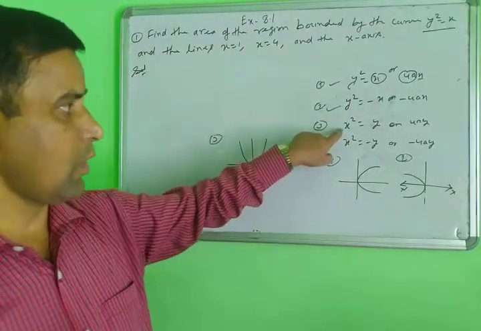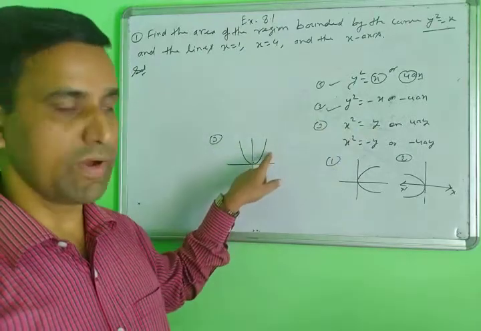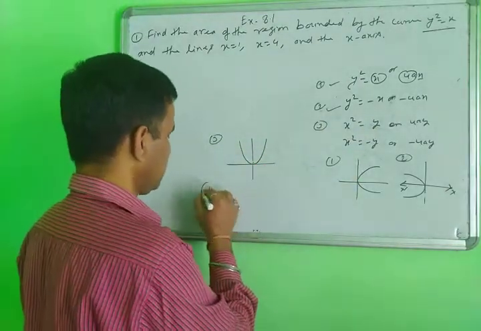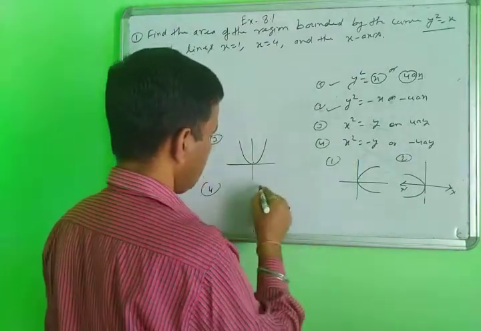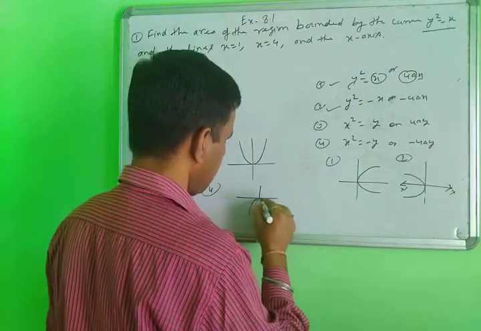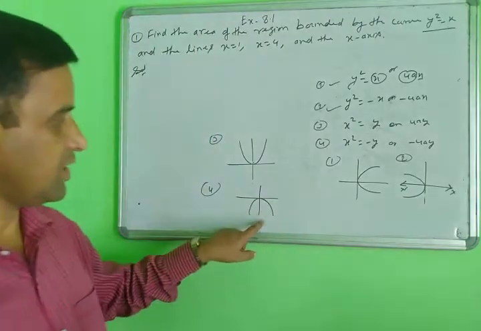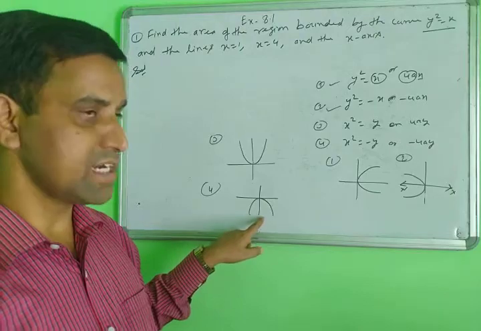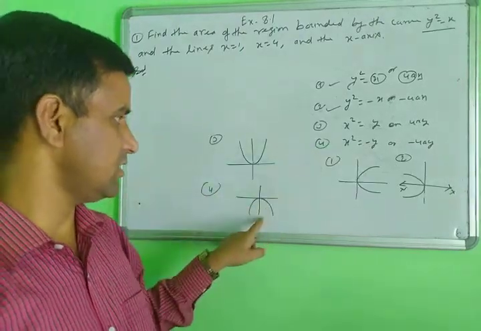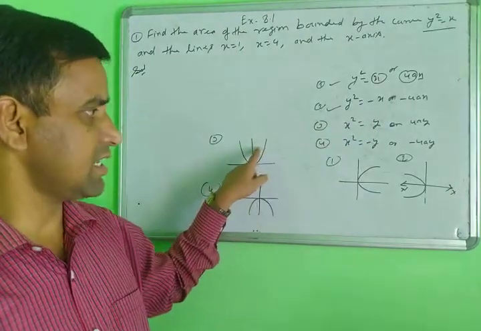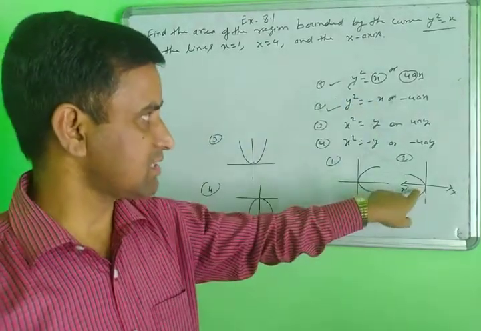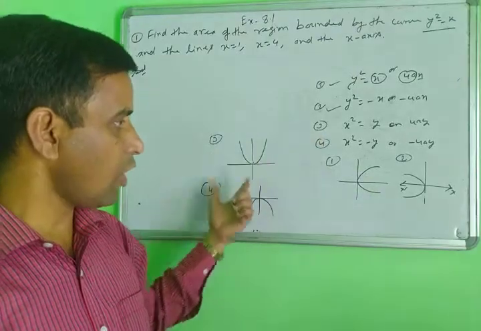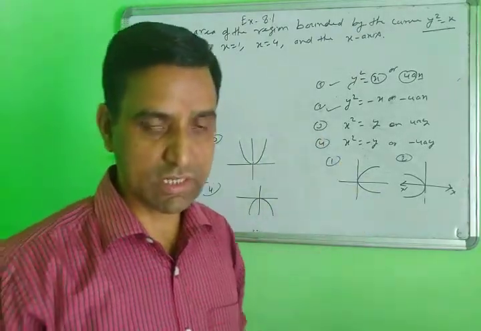The fourth figure is x square equal to minus y, symmetrical about the negative y-axis. Positive y is in this direction, minus x in this direction, and plus x in this direction. So a parabola is always symmetrical about the x-axis or the y-axis.